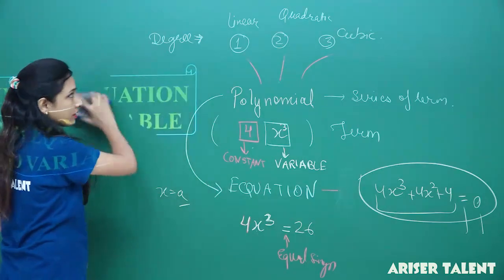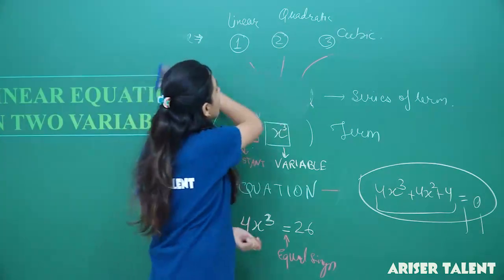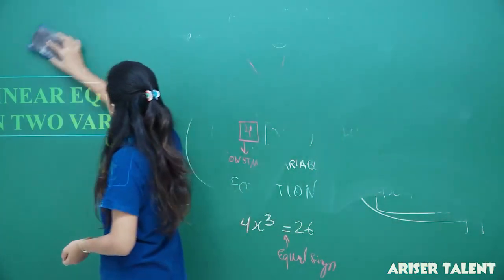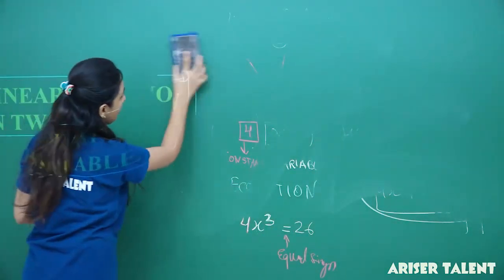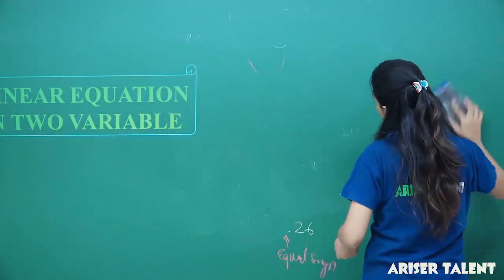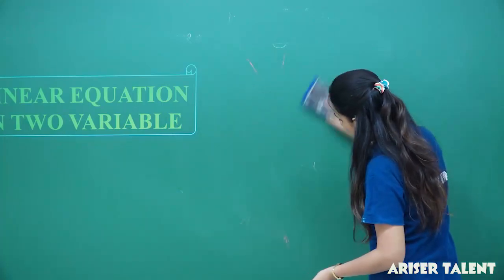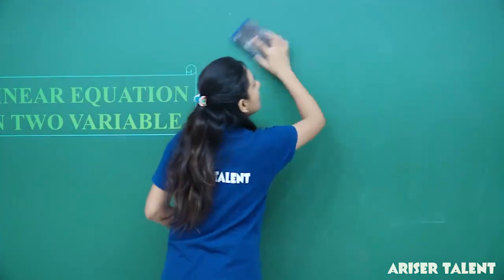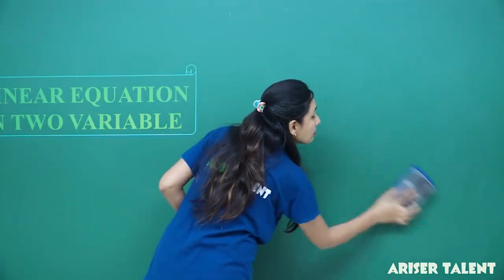So, can I rub this? Students, I have taught you polynomials in very much detail. So, if you are not getting any point of polynomial, go to the previous lecture on polynomial and have a look over there, revise your concepts, and here it is.